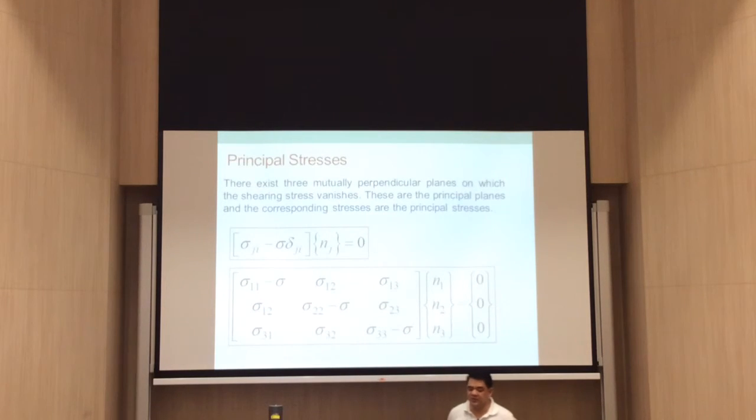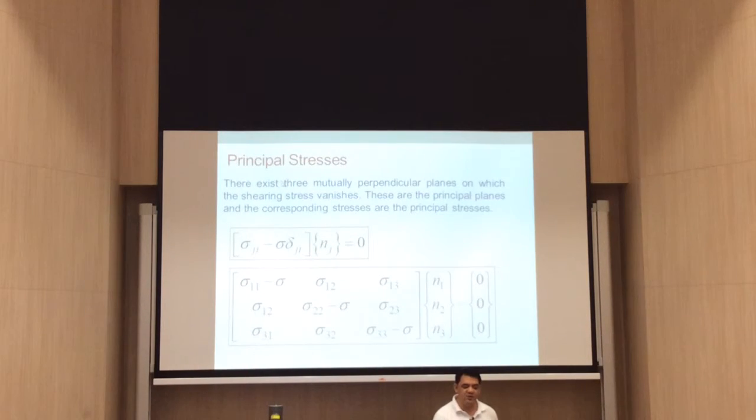This is how you solve for the principal stresses. I'm just showing the equation at the moment, no derivation, just simply presenting the equation. Afterwards, we'll try to get the value of the principal stresses.